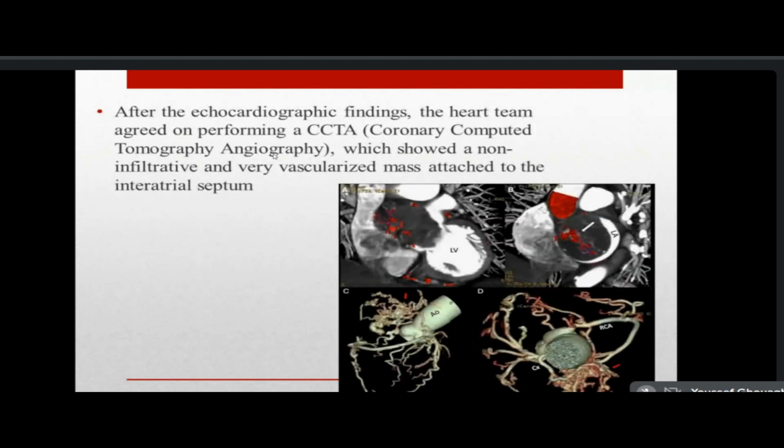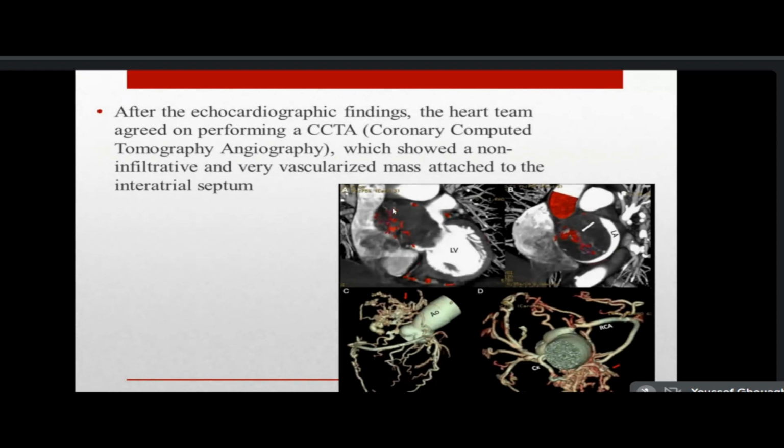After the echocardiographic finding, the heart team agreed on performing a coronary computed tomography angiography, which showed a non-infiltrative and very vascularized mass attached to the interatrial septum. As you can see here, we have the left atrium and the left ventricle.